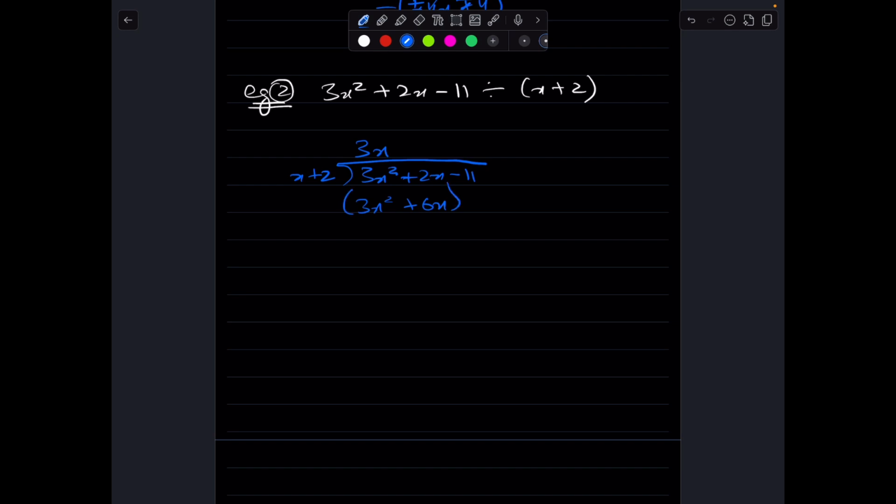We subtract the whole thing. 3x square cancels out and we'll be left with minus 4x. We'll bring minus 11 down and now we need to multiply this whole thing with minus 4. So we'll have minus 4x minus 8. We'll subtract the whole thing. Minus 4x's cancel out and the sign of minus 8 changes. So we have minus 3 as a remainder.